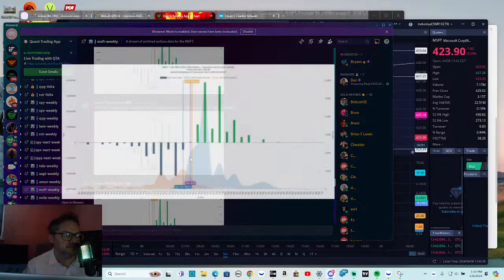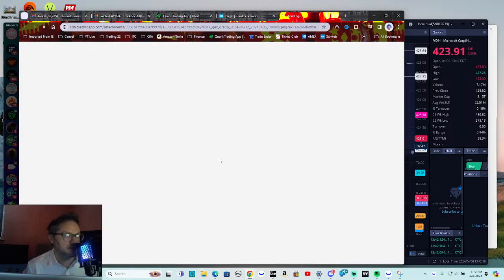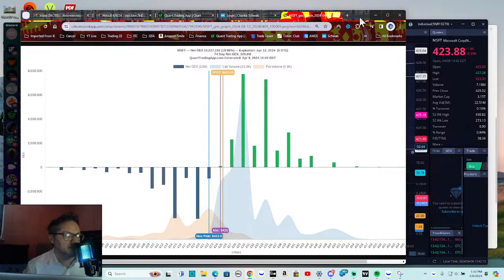We'll start at 10 a.m. At 10 a.m. we have the spot price, the yellow price. I'll make this bigger. The spot price is the yellow. The max pain, we talked about 422.50, and this purple line is the absolute GEX, 425. This is an area of high liquidity.